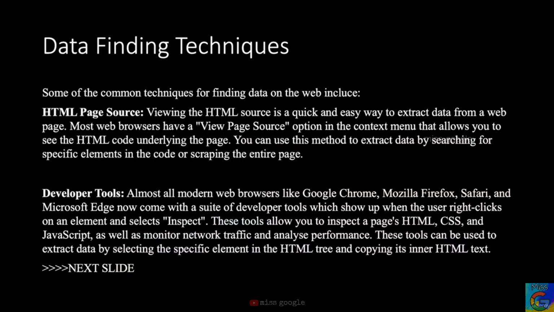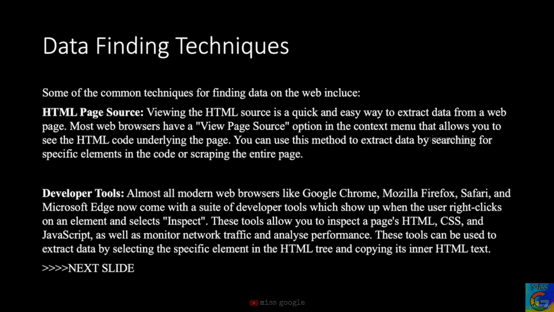So another technique is using the developer tools, which are almost always included in modern web browsers such as Google Chrome, Mozilla Firefox, Safari, and Microsoft Edge. These tools are opened up when the user right-clicks on an element and selects Inspect, as we'll be seeing in a couple.